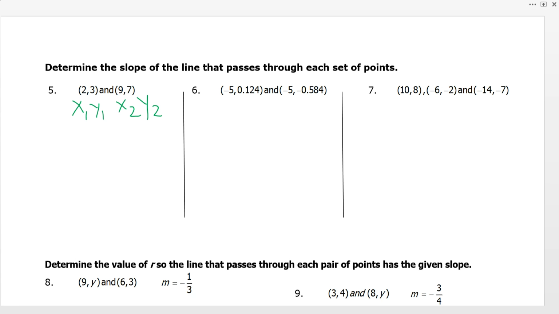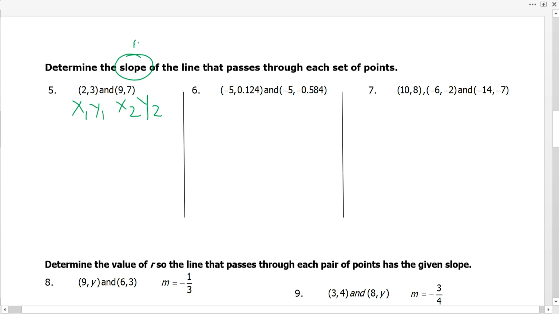So the slope is, and we use the letter M for slope. M equals 7 minus 3 over 9 minus 2. 7 minus 3 is 4. 9 minus 2 is 7. So our slope is 4 over 7.